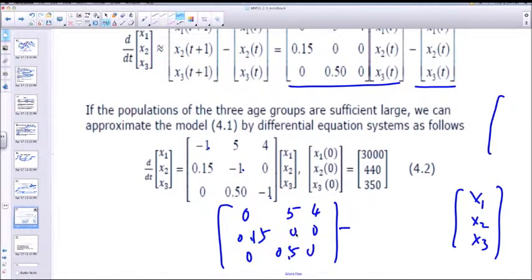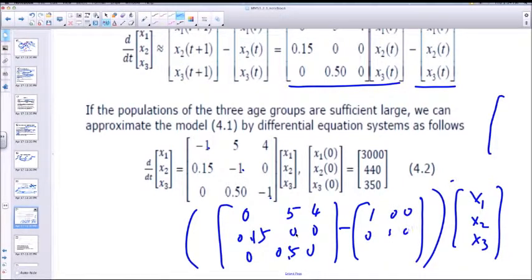And then you need to subtract the identity matrix: 1, 0, 0; 0, 1, 0; 0, 0, 1. When you subtract, that's how you get the -1 here, -1 here, -1 here. So now you get a different representation. Let me erase this ugly thing.